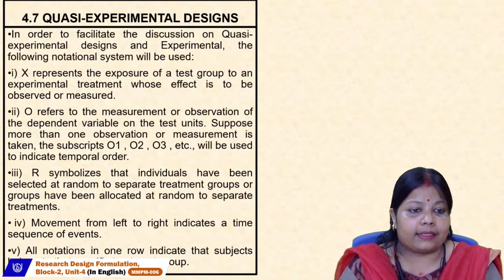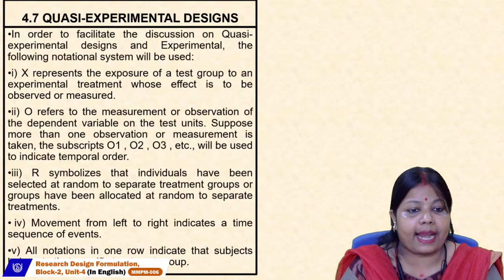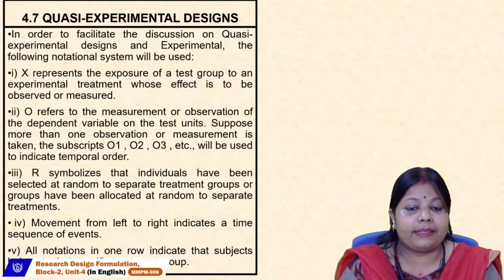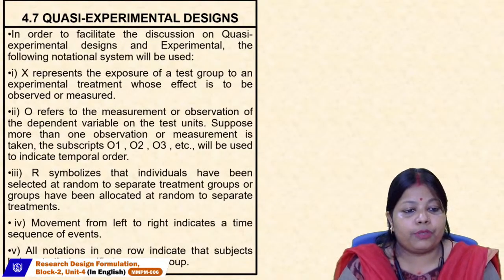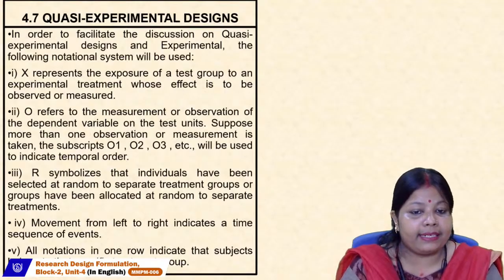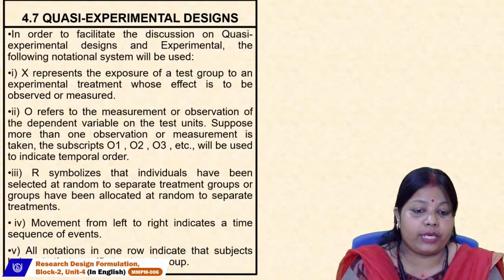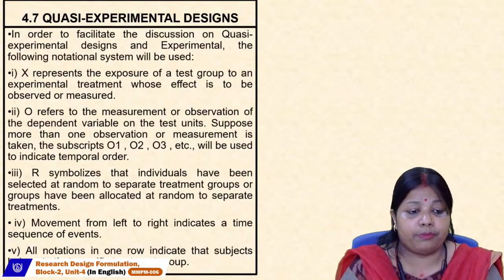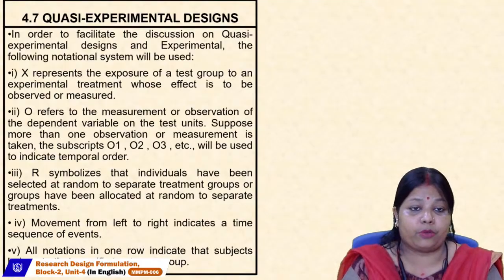Third, R. R symbolizes that individuals have been selected at random to separate treatment groups, or groups have been allocated at random to separate treatments. Then coming to the fourth one, movement from left to right indicates a time sequence of the events. Fifth one is all notations in one row indicates that subjects belong to that specific treatment group.